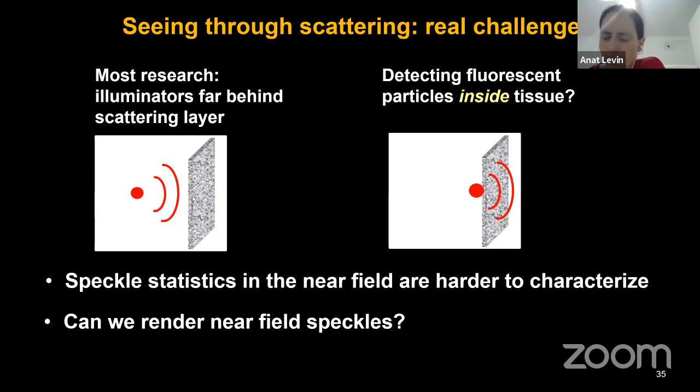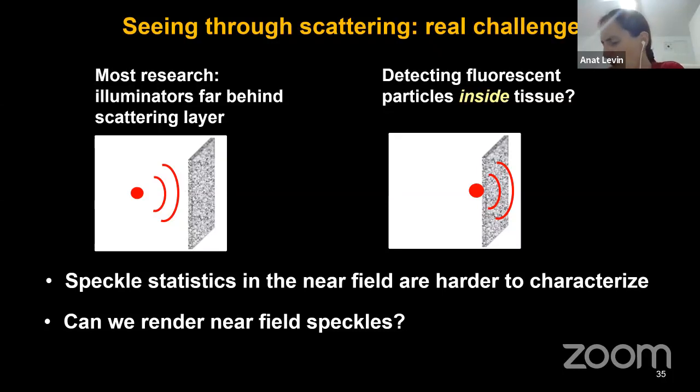Maybe I skipped this earlier, but the rendering algorithm that I described earlier assumes that the illumination source is in the far field, that you illuminate the sample with a collimated beam, a directional source. To change it and render speckles in the near field is not complicated conceptually.